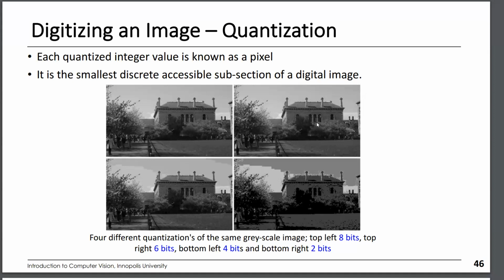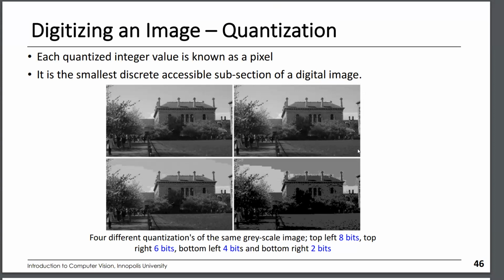Here we have something represented on 6 bits, here on 4, and here on 2 bits. 2 bits means you can only represent 4 colors. You can see that this whole sky is represented in 1 color. Here you could see that there was a cloud in this area, but in this image you can no longer see the cloud. This is one of the problems that you get with quantization.